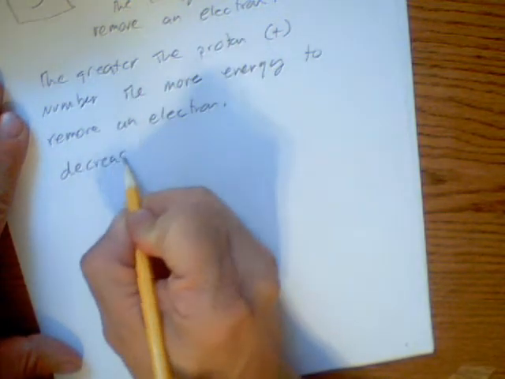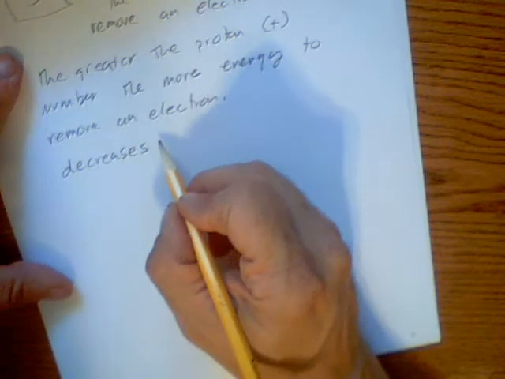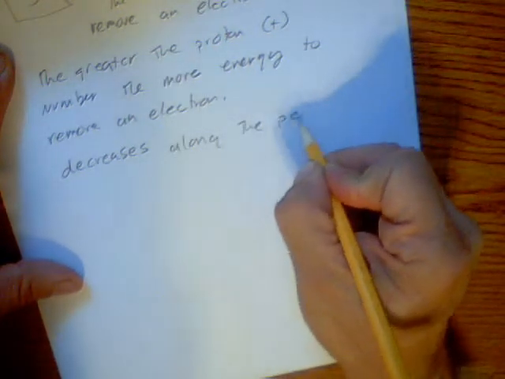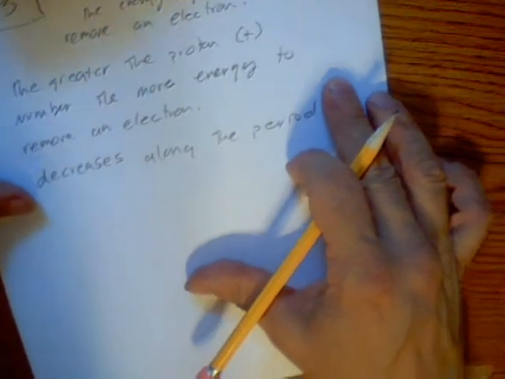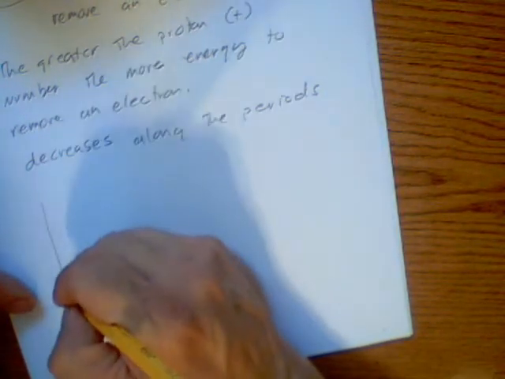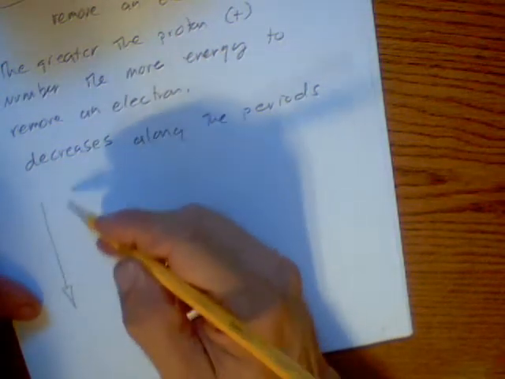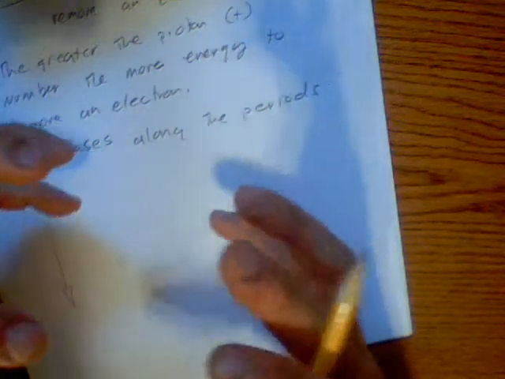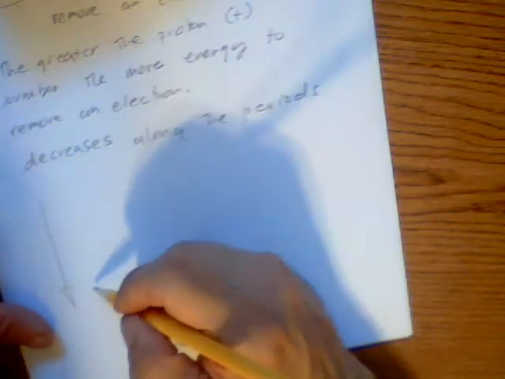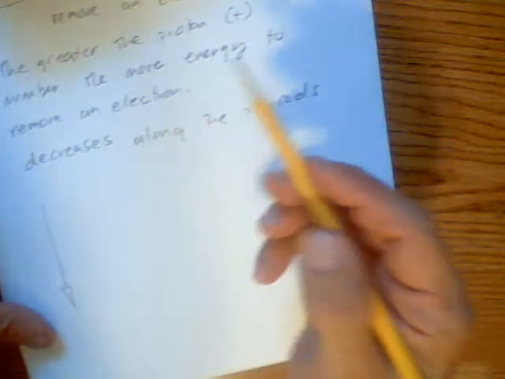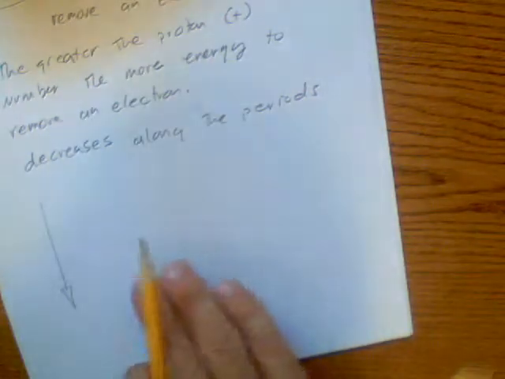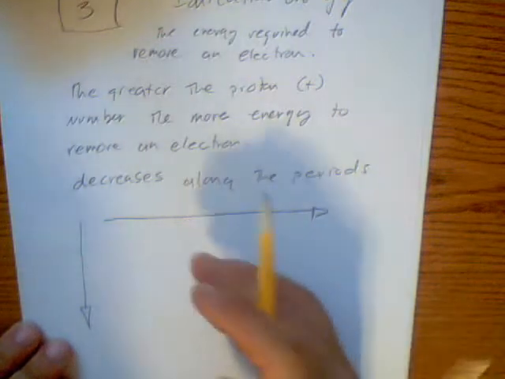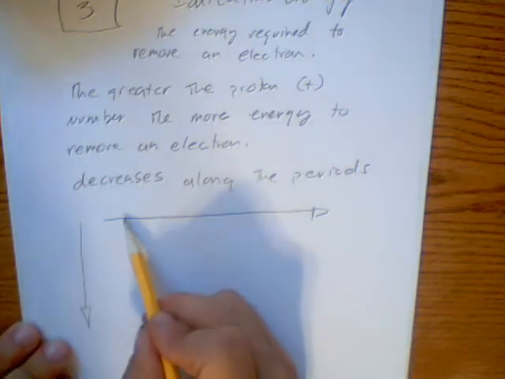And then it decreases, ionization energy does, as we move along the periods, because it takes less and less energy as we move through the periods, because there's more and more electrons as we go from the principal energy levels, and as there's more and more electrons, there's a repulsion force, and they push one another out, and so consequently it takes a lot less energy to lose one, because they're spread out because of the repulsion forces of the same charged negatively charged electron.